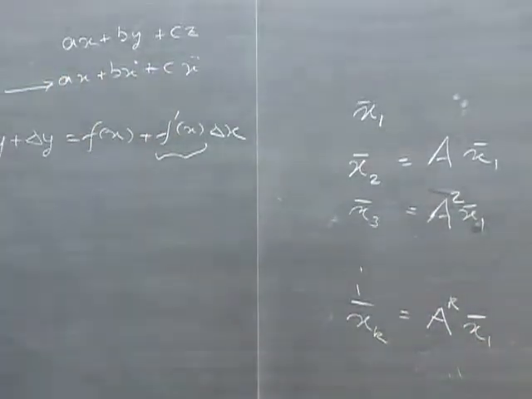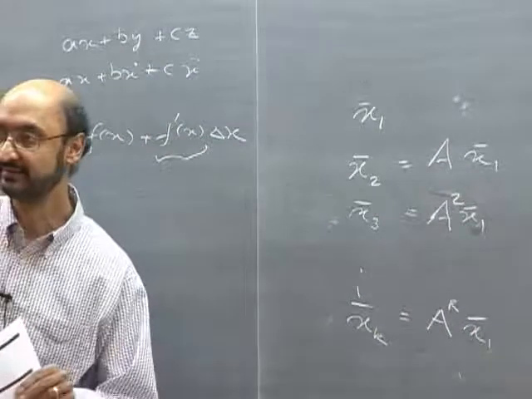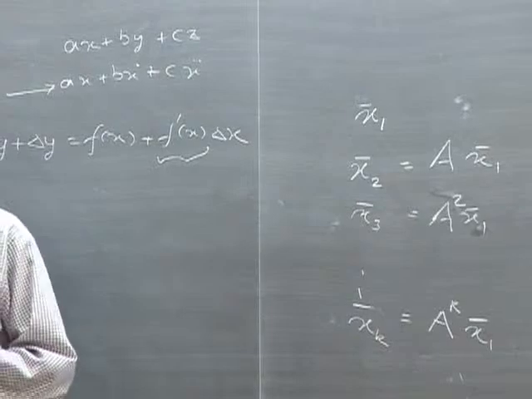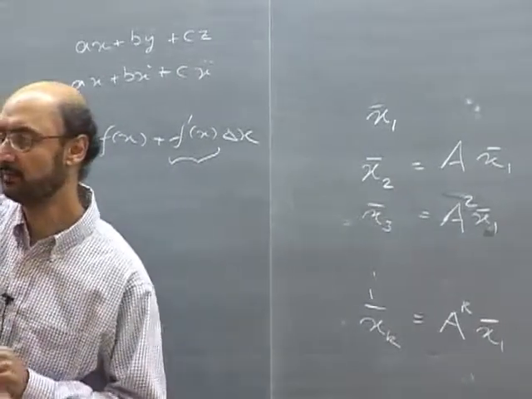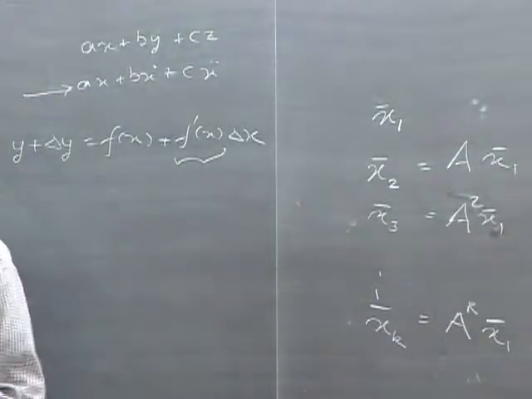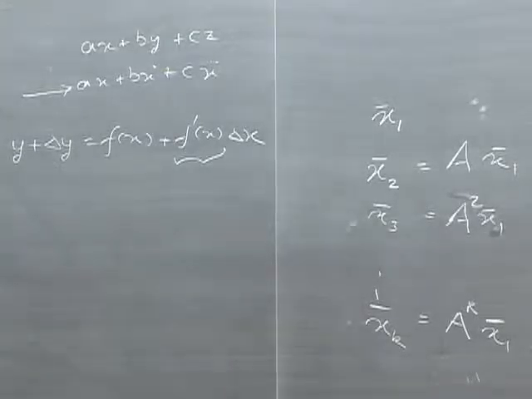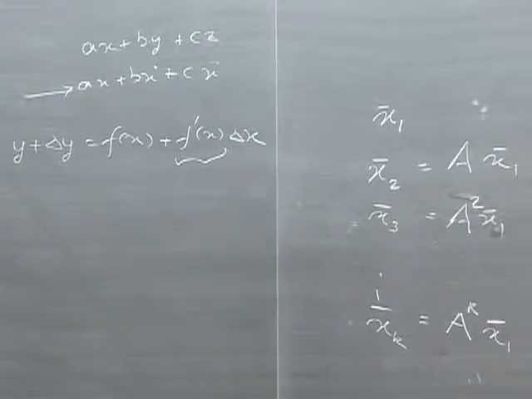So we are able to project outwards what's going to happen by applying A over and over and over again. Okay? So the ability to apply A over and over again is very, very important.